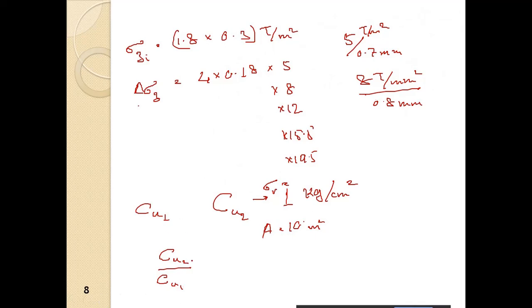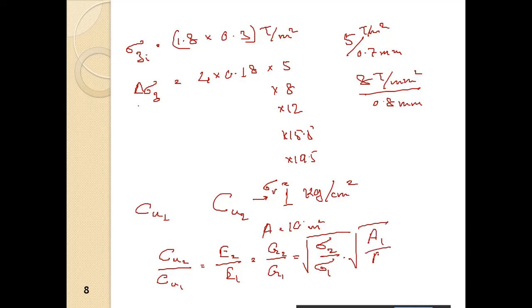So the corresponding CU2 will be given by the relation CU2 by CU1 is equal to the ratio of sigma 2 by sigma 1 and the area ratio A1 by A2. Remember this expression, it is a very handy expression.